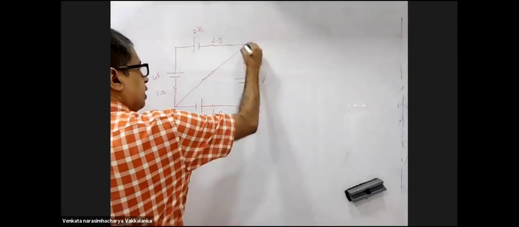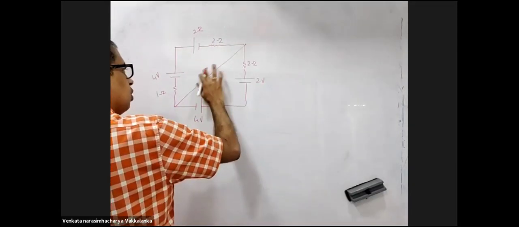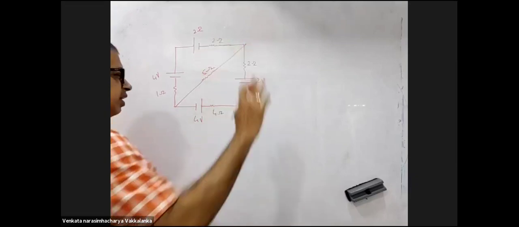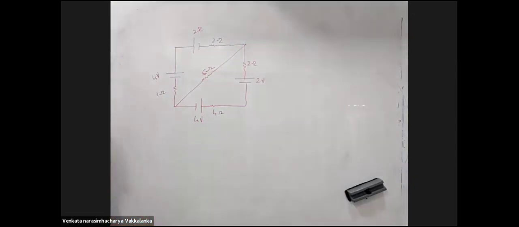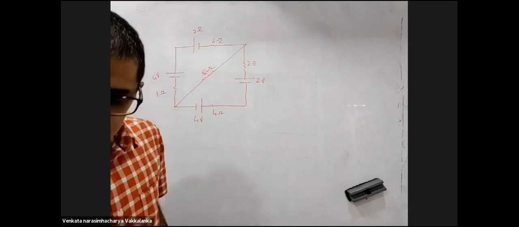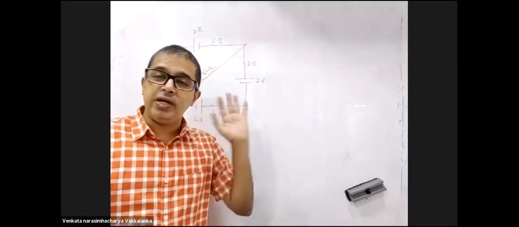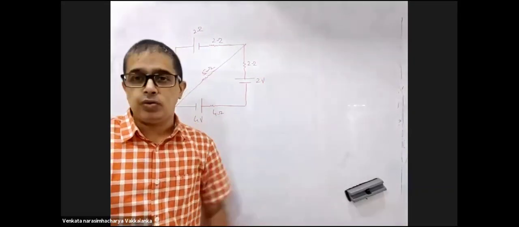I want the current through this resistance of 5 ohms. I have taken arbitrary numbers. Listen carefully. There are three possible ways of solving all these circuits.